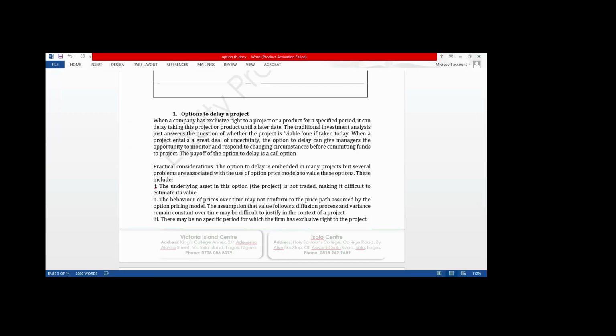We have option to abandon, option to delay capital projects, option to expand a capital project, and option to switch. So we are moving to the second one. Option to delay a project.